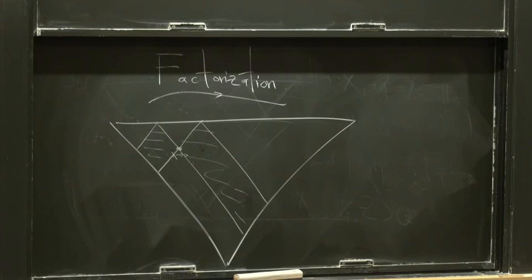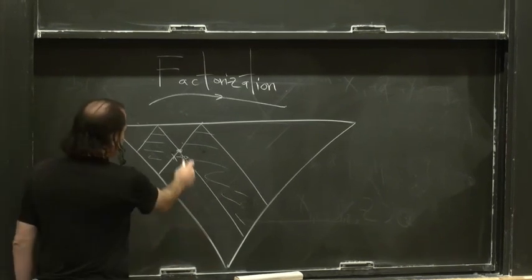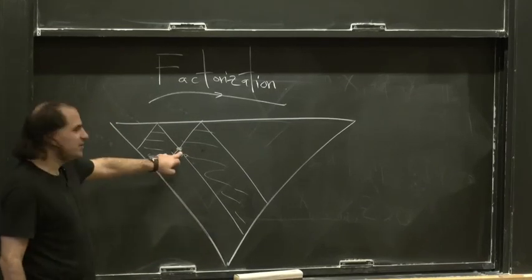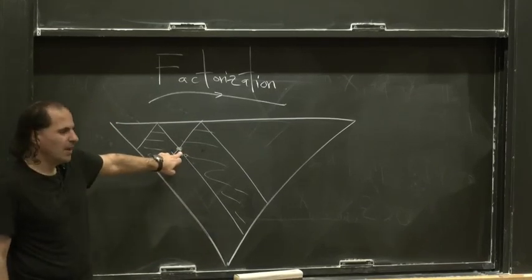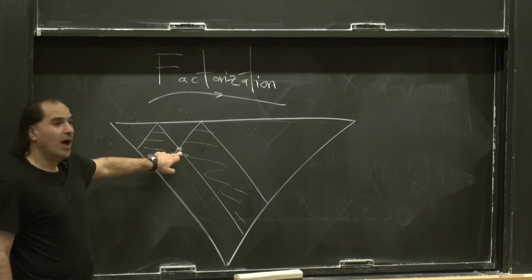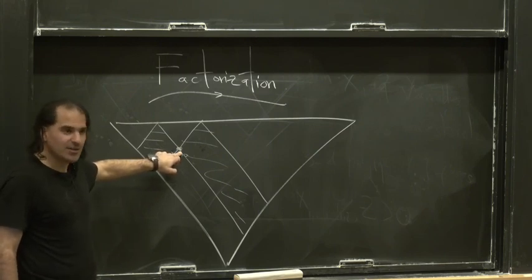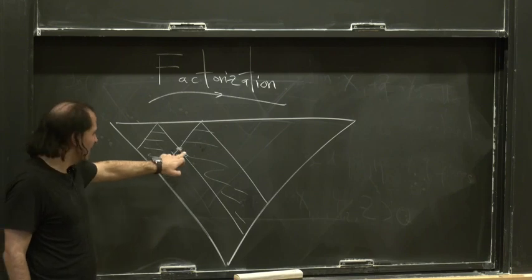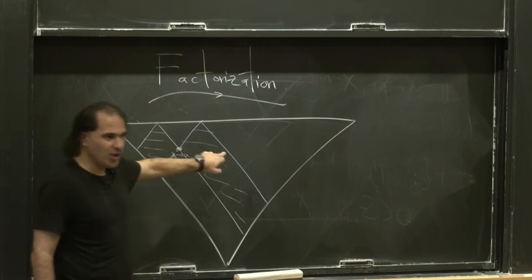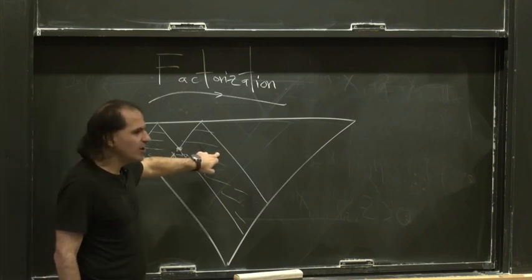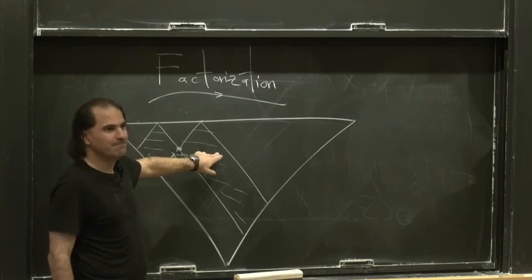Okay? In other words, said another way, if I put x equals 0 here, all the points that are time-like separated from this one, either in the future or in the past, but which are causally connected to this one, so that there is a causal diamond that has this one on one end and the other one on the other, none of those points can go to 0.